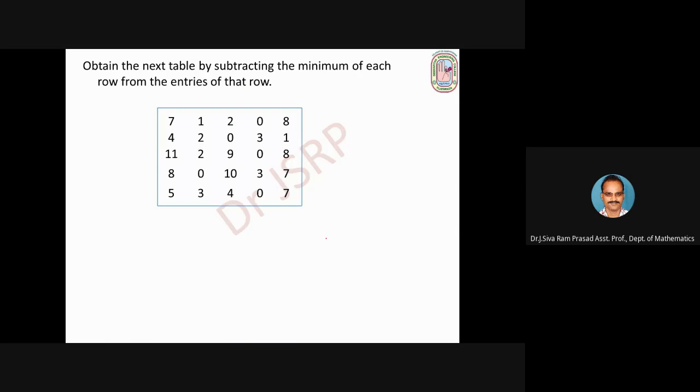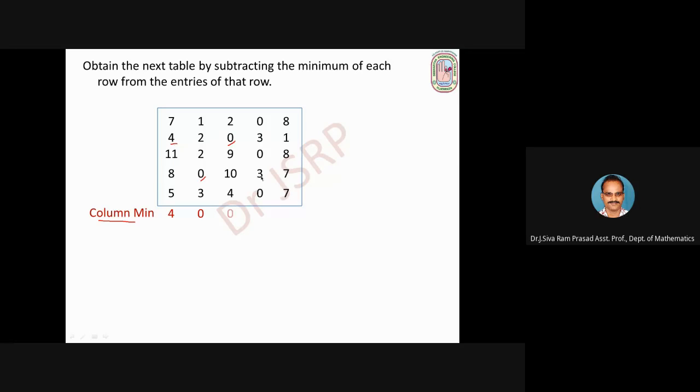So at present, we got possible assignments for rows. Next, similarly, we find possible assignments for columns. For that, we find column minimas. The first column minima is 4. Second column minima 0.